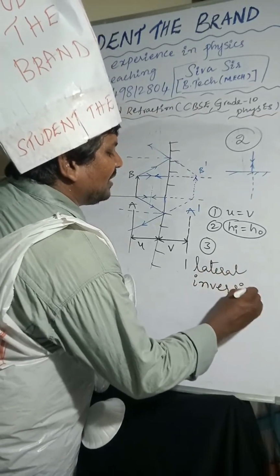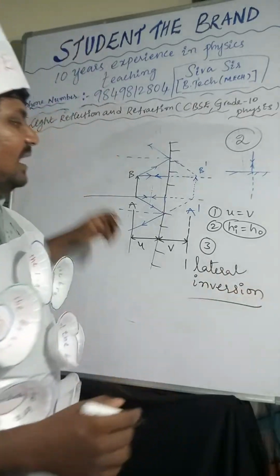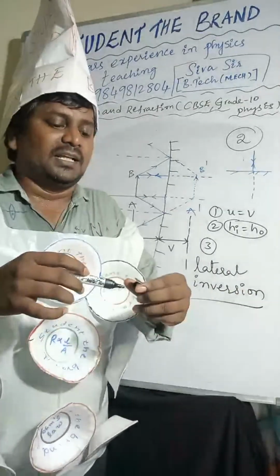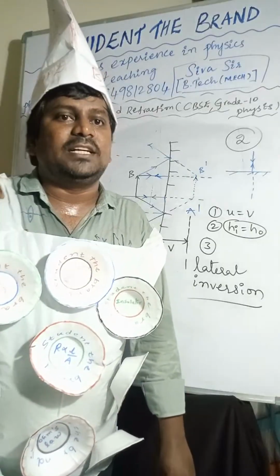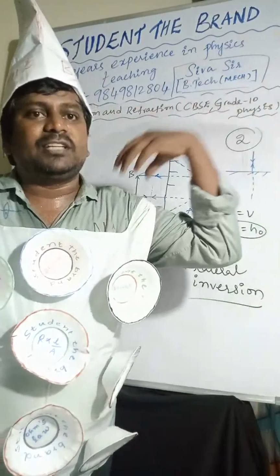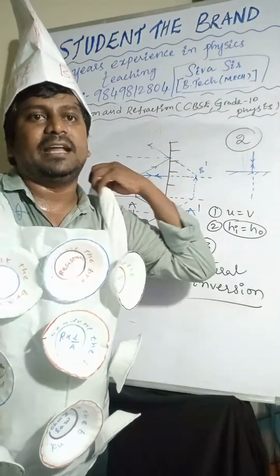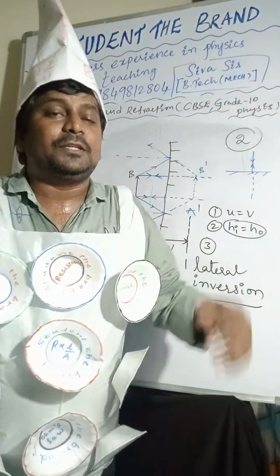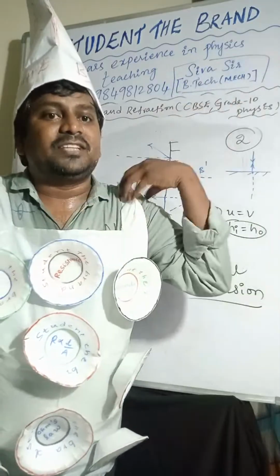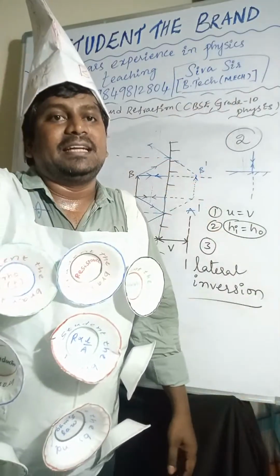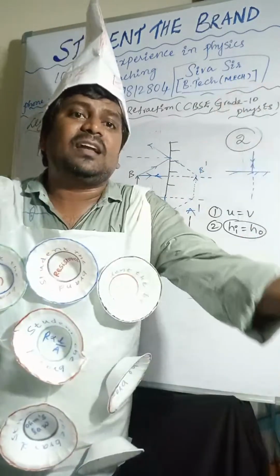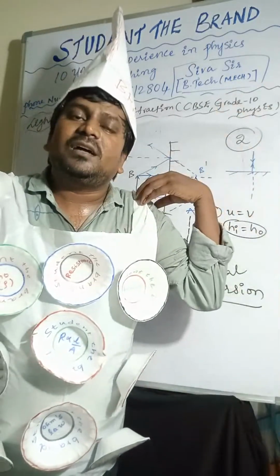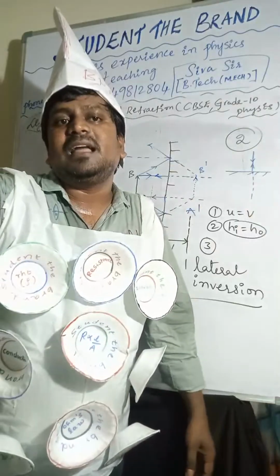So what is lateral inversion? Lateral inversion is the phenomenon in which the right side of the object appears to be the left side, and the left side appears to be the right side. The right side of the object appears on the left side of the image, and the left side of the object appears on the right side of the image.